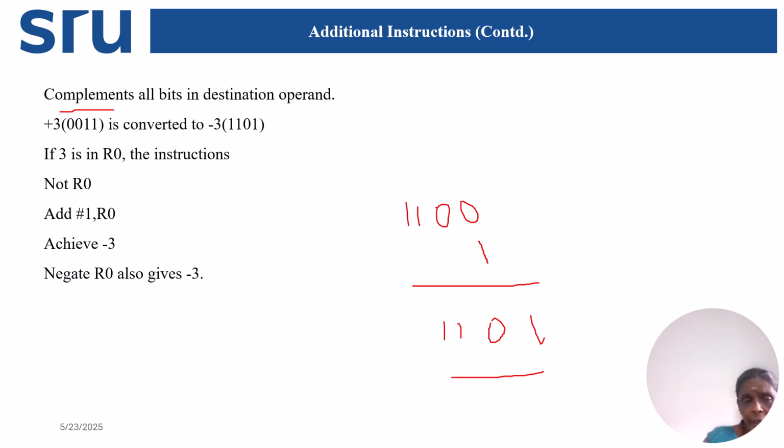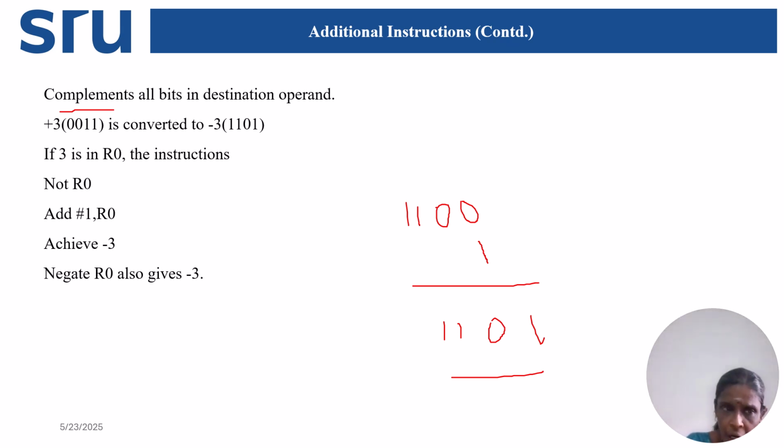So NOT R0, where R0 is storing 3, means you will get 1100. So 0011 is becoming 1100, and then add immediately 1 to R0. Now this R0 contains 1100. So add 1 means you have to add in the LSB, so that you will get 1101.